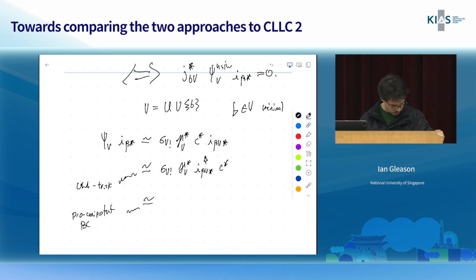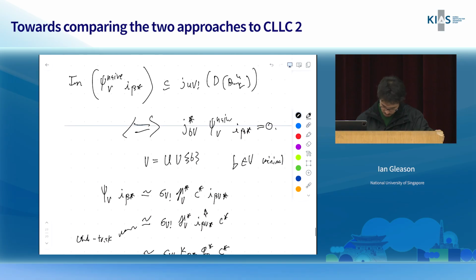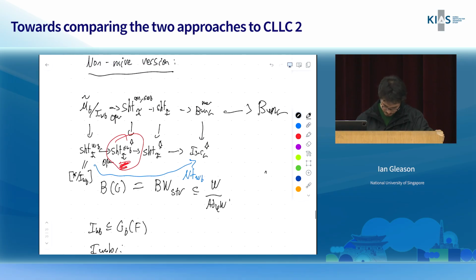But okay, we have this pro-unipotent base change that allows me to change these guys, and now I will get K beta lower star, and I was calling it Q beta upper star of C star, right? And let me remind you what K beta is.